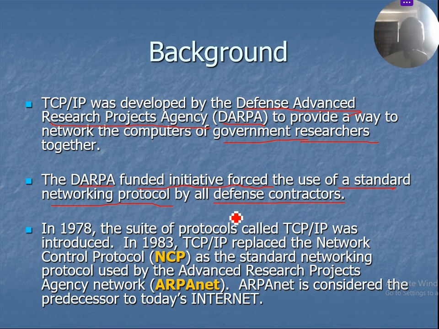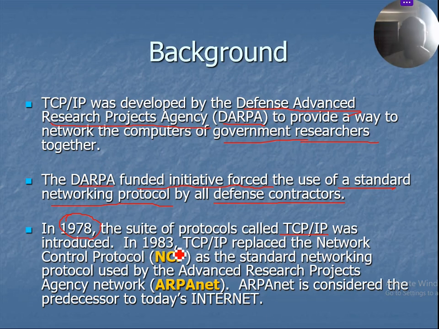So in 1978, the suite of protocols called TCP/IP was given birth to by DARPA. They came up with a standardized networking protocol called Transmission Control Protocol / Internet Protocol, and this was now widely accepted.